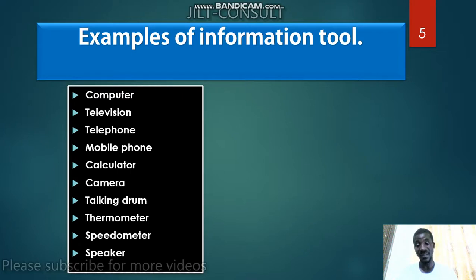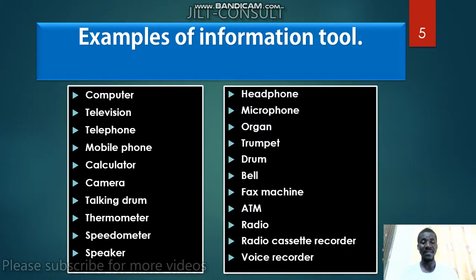You've seen television, microphone, telephone, calculator, camera, and what have you. There are many. Let's have a look at this other group. I have headphone, microphone, organ, trumpet, drum, bell, fax machine, ATM, radio cassette recorder, voice recorder. There are a lot. So let's take a few of these and then we'll discuss them.